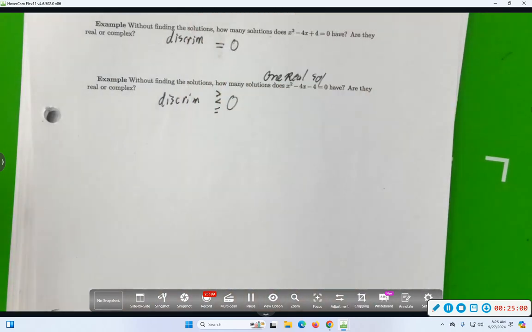Anyone want me to write any of those steps that I've now completely suppressed? Nice. The second one, the bottom one. I guess if I've designed this well, there should be two real solutions in this case. Did it work out that way? All right, no guarantee that I design things well, but it's nice when that happens. So what does that mean about the discriminant?